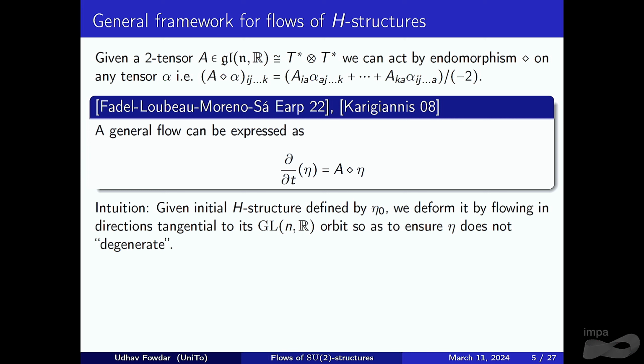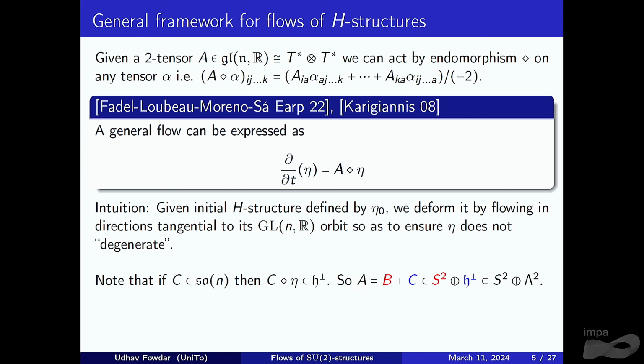That's true, but I'm always going to care about the case when you do have a metric around, so I'm just going to ignore that. That's right, you're absolutely right. I think in the papers it's written as an endomorphism. Yes, that's my fault. I didn't define endomorphisms with two tensors. Yes, sorry, it's true.